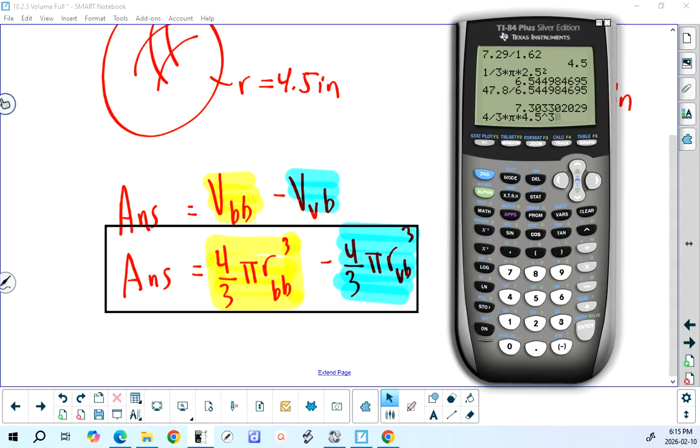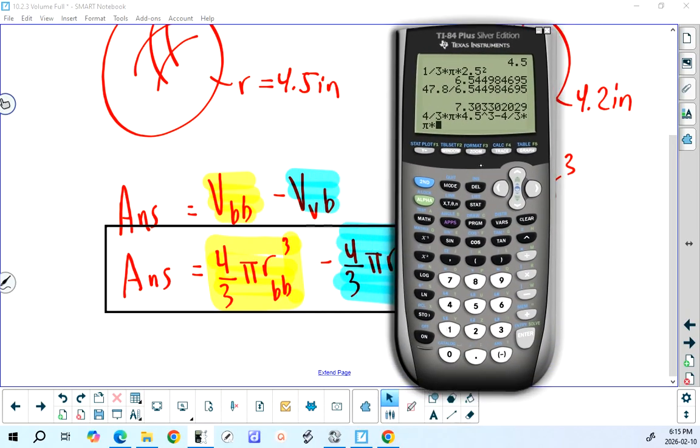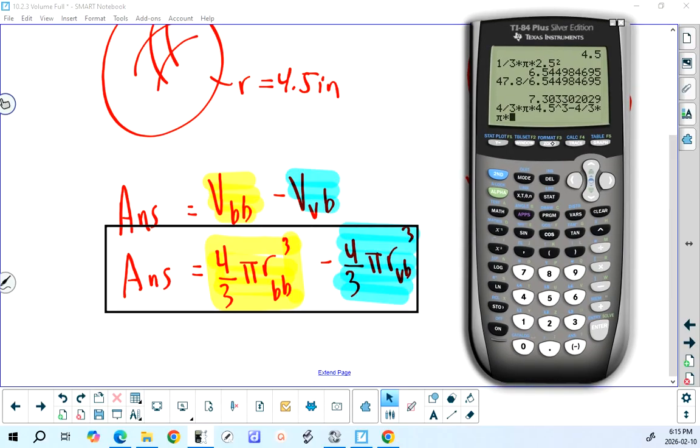I could hit equals right now, but why don't I just continue? Minus 4 divided by 3 times pi times 4.2 raised to the exponent of 3.